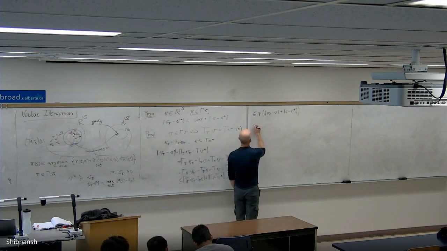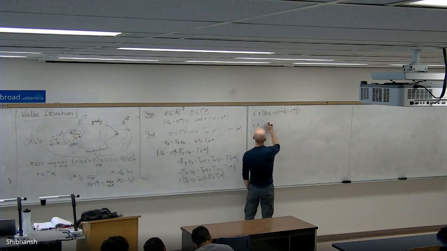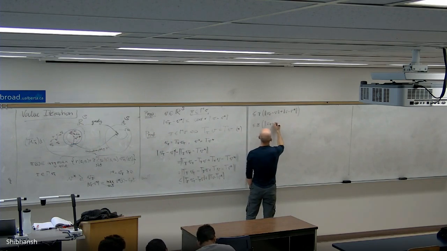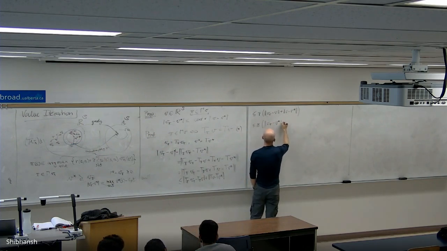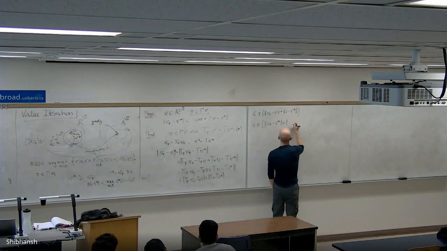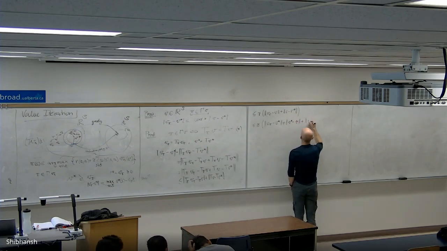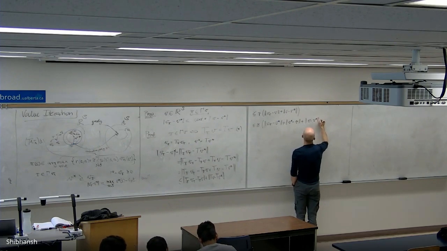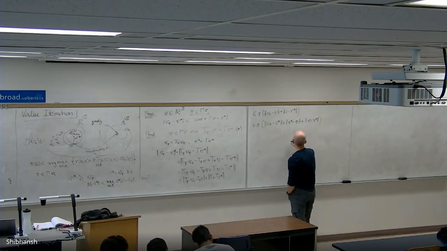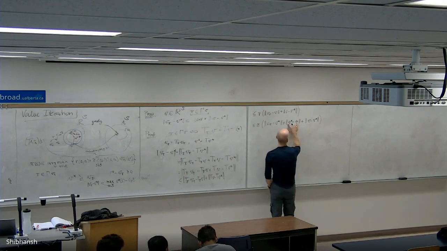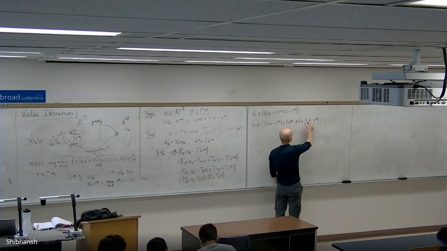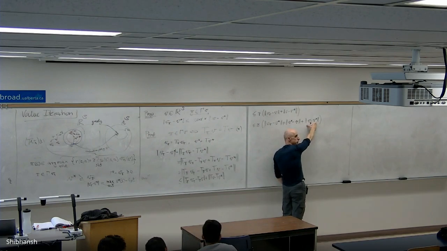So just for the first term, it is upper bounded by the sum of the distances between V pi and V star, and V star and V. And we do this because then we see that we have this term, which is the same as this term, which is what we wanted to have.